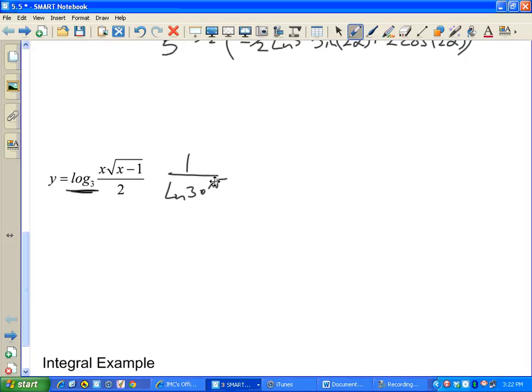Okay, so I've got that. Instead of having a fraction and a fraction here, I want to clear this up right away. So if I rewrite it a little bit, I would have 1 over, since ln of 3 is a number, it's going to be in the numerator.